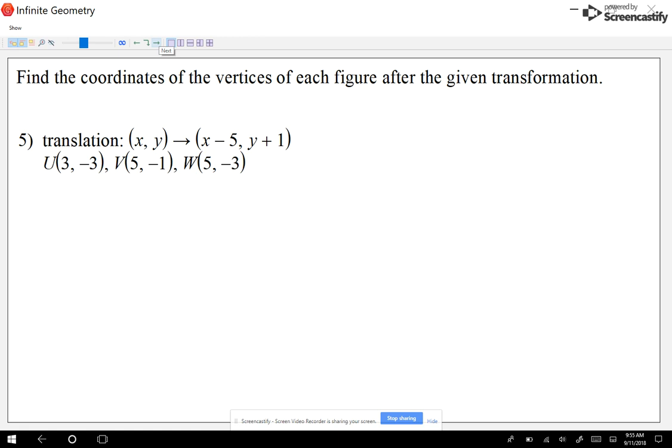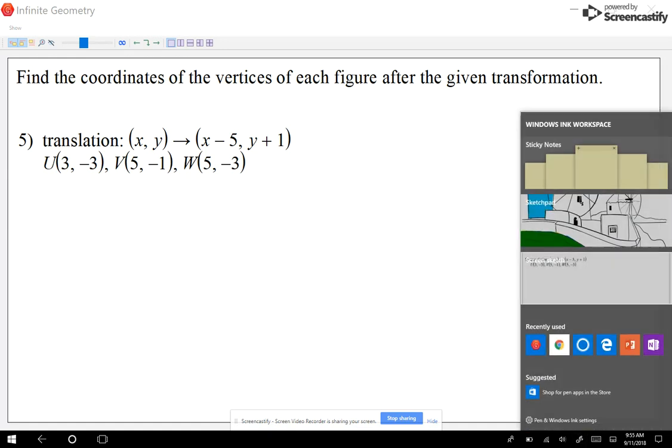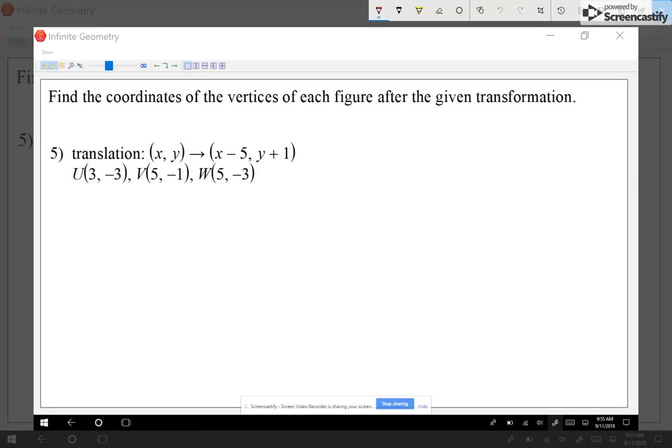Then we're also going to see something like these. Find the coordinates of the vertices of each figure after the given transformation. So I'm going to subtract 5 from every x. To every y, I'm going to add 1. So the coordinates of u prime are going to be -2, -2. I went x minus 5, I subtracted 5 from x, and I added 1 to y.